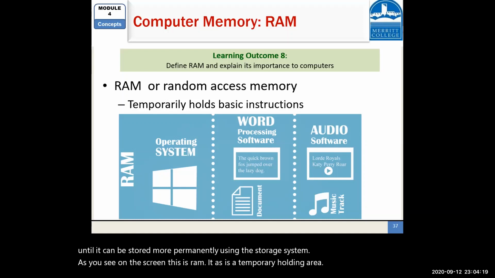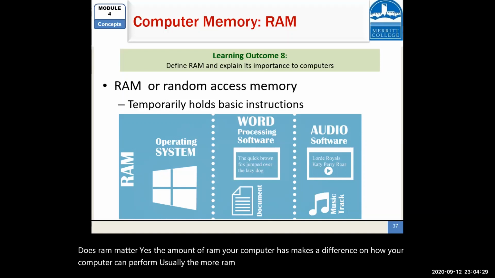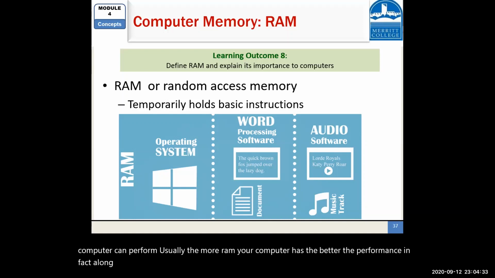Does RAM matter? Yes. The amount of RAM your computer has makes a difference in how well your computer can perform. Usually, the more RAM your computer has, the better the performance. In fact, along with the processor speed, RAM capacity is the other most important factor in determining and comparing the power of a computer system.